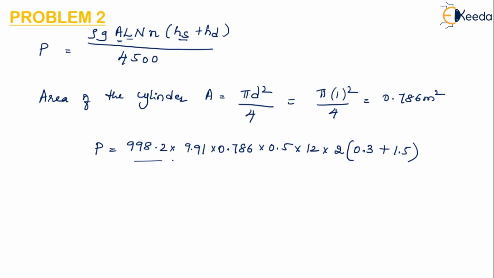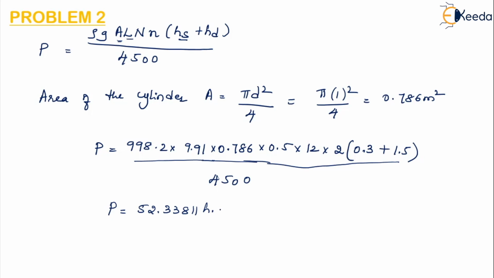All this divided by 4500 will give us the power value as 52.33811 HP, that is horsepower. So this is the power required to drive the reciprocating pump. I hope you have understood the problem. Thank you.